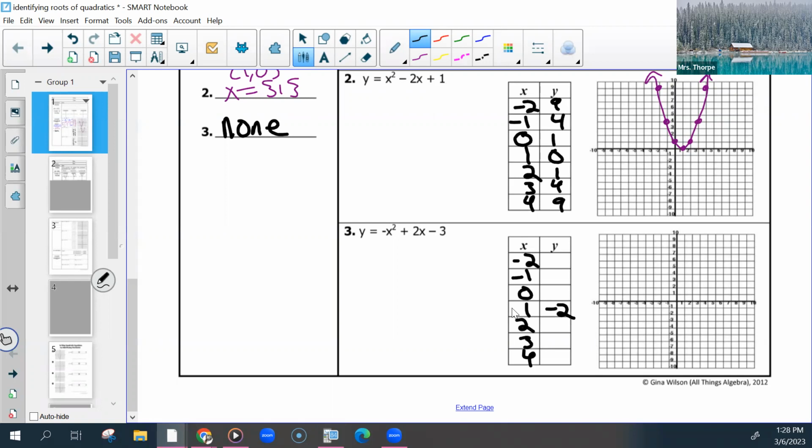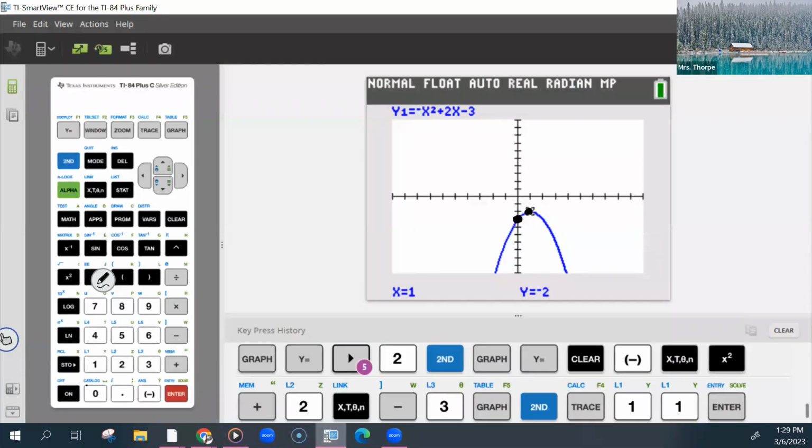I could start filling out my x values. I know 0 is at -3. So that tells me what 2 is going to be also. I just have to figure out the other two. So we could do the same thing.